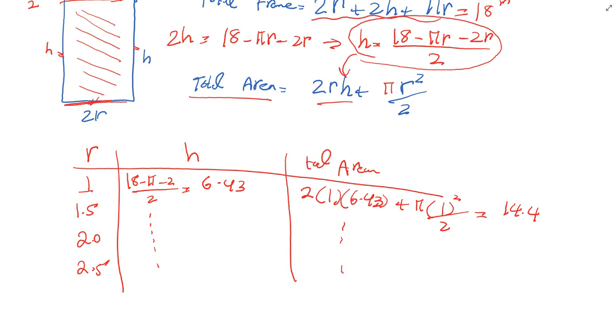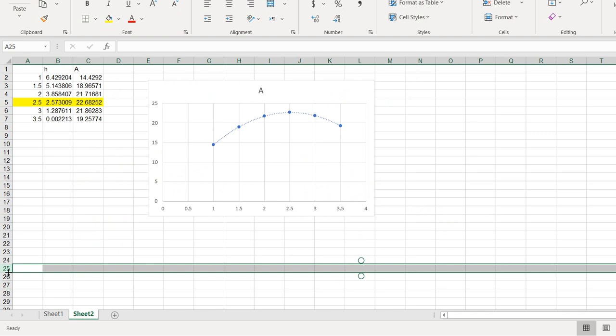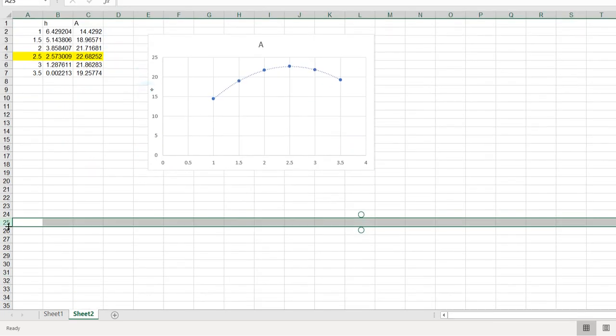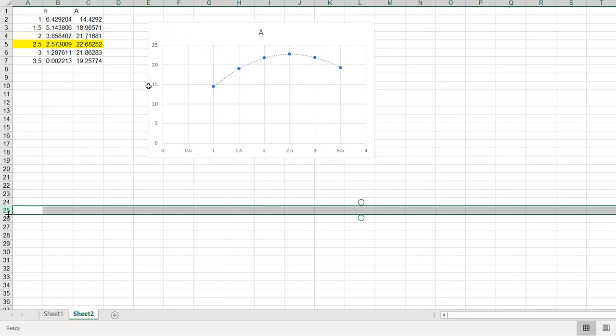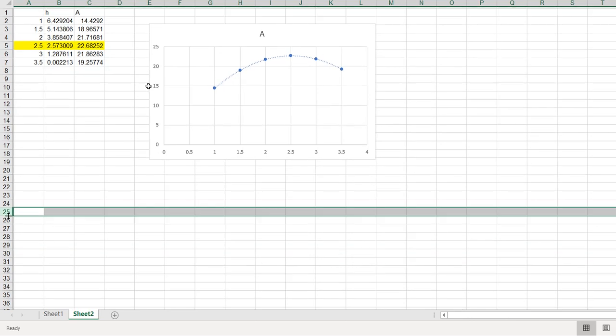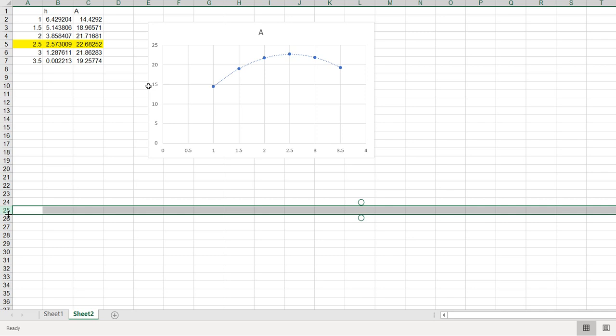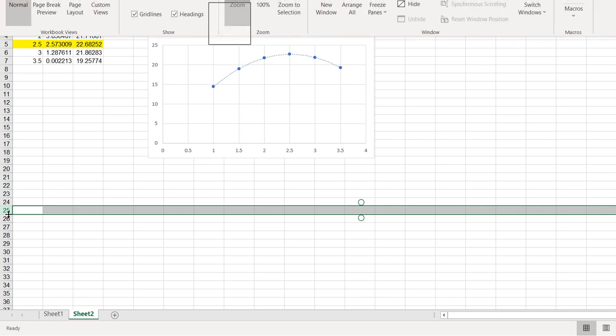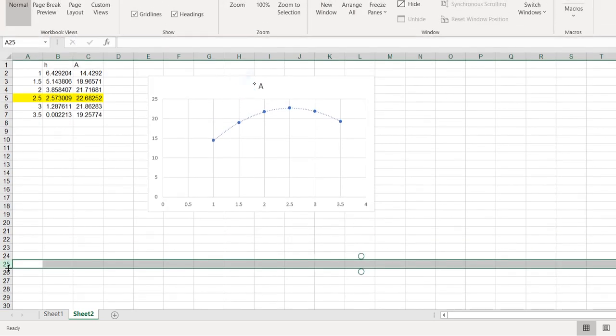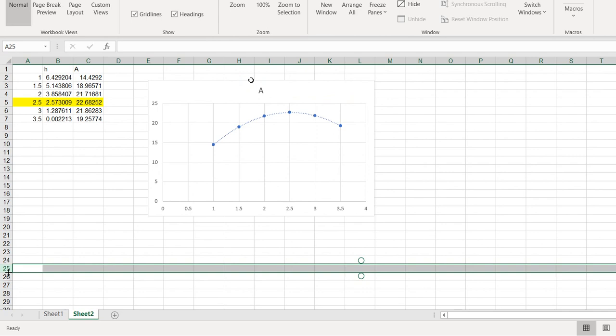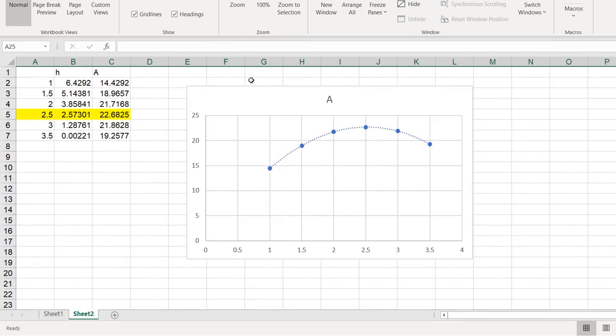In order to finish the calculation, I actually use Excel. In Excel, I put different values for R, assuming that R is going to be 1, 1.5, 2, 2.5, 3, 3.5.